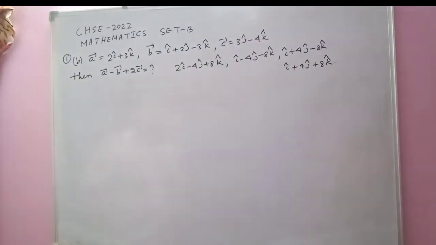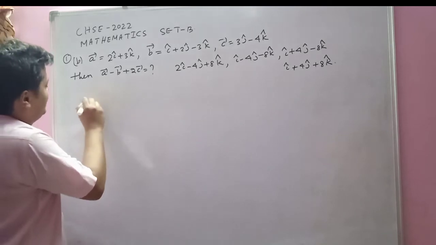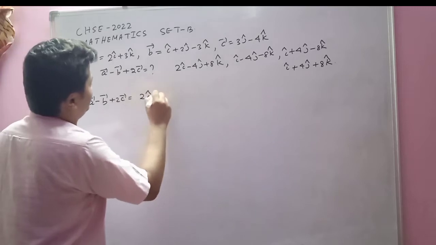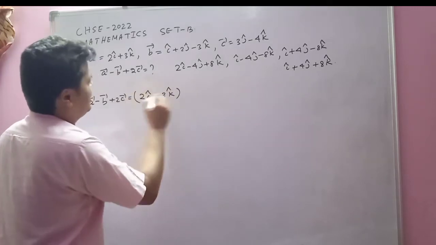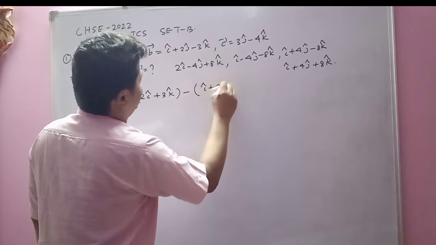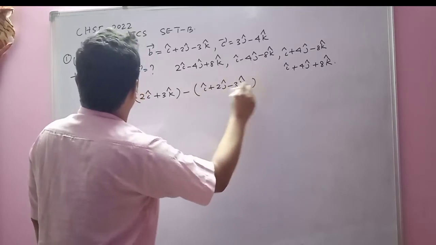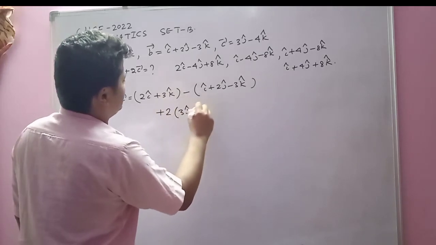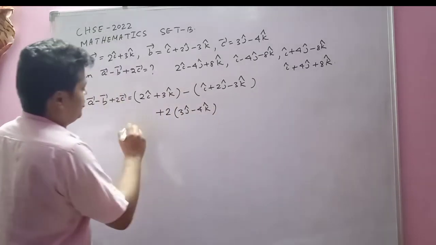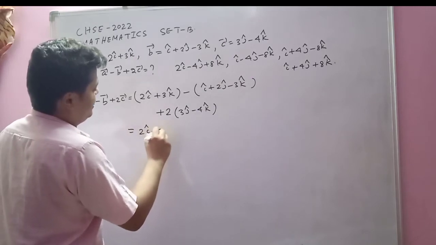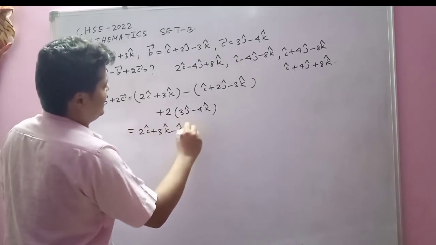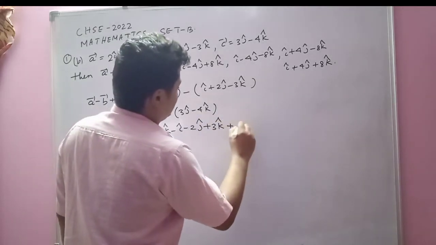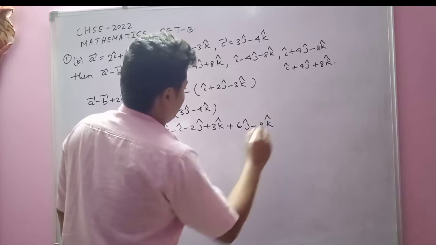Right? It's very easy. A minus B plus 2c, that is equal to 2i cap plus 3k cap minus B, which is i plus 2j minus 3k, plus 2 into C, 3j minus 4k. So what you get? 2i cap plus 3k cap minus i cap minus 2j cap plus 3k cap, plus 6j cap minus 8k cap.